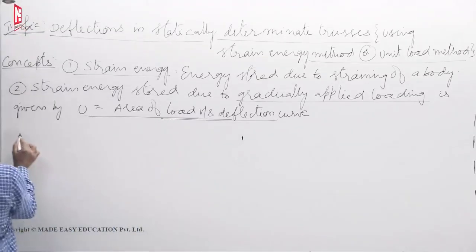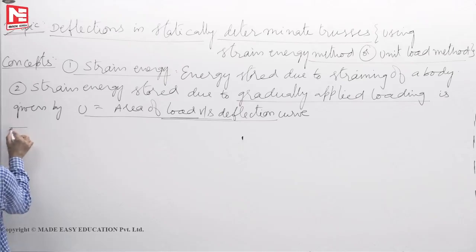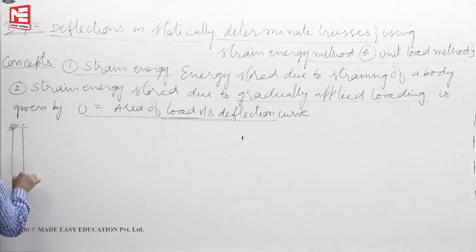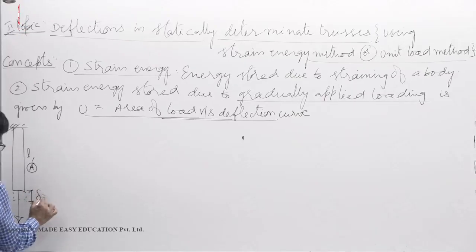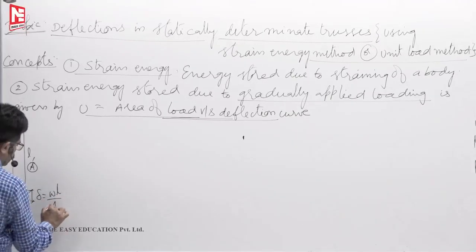So assume that you have a member like this. The length of the member is L, the cross-sectional area is A. You are applying some load W, gradually applied, and we know the deformation also, WL by AE.